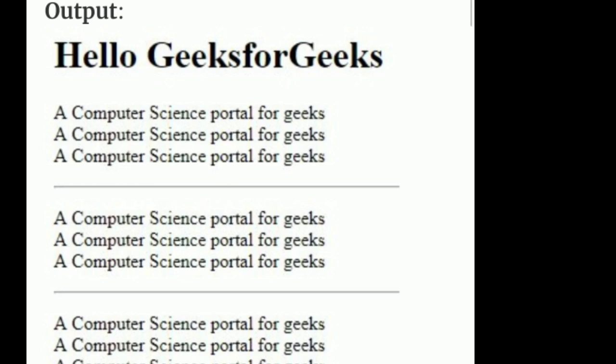Syntax for an attribute: element attribute_name equals, within double quotation marks, attribute_value. This gives some values of attributes.